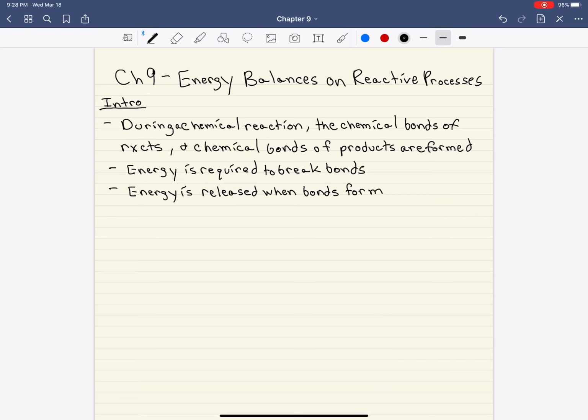If you sum up all the energy that's put into the system to break the bonds, and also add in the energy that's released when those bonds form, what you get is called the enthalpy of reaction.